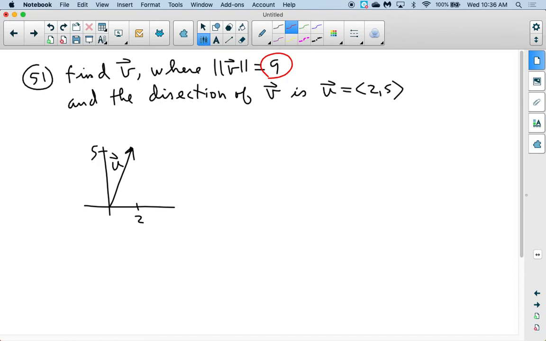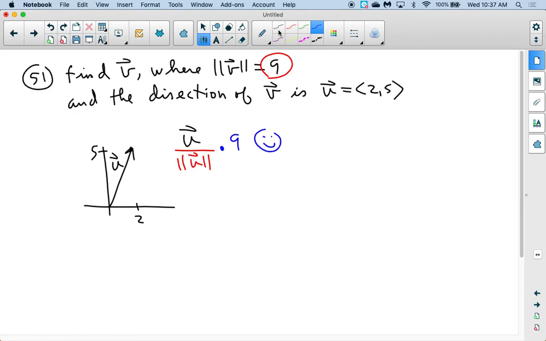We're just trying to lengthen it to make it 9 long. The easiest way to do that would be to start with u, divide by its magnitude. What does this do? This makes it 1 long, and then multiply that by 9. That would give me a vector of length 9 in u's direction, okay?